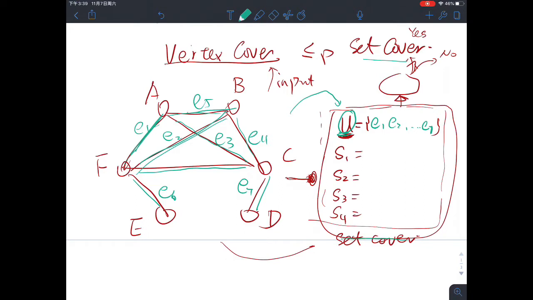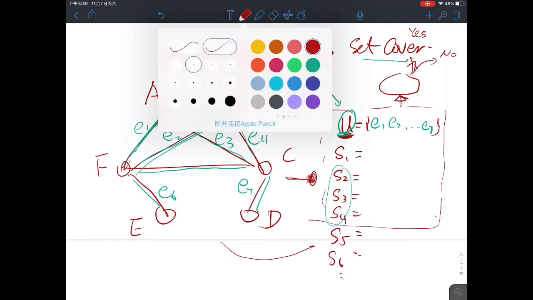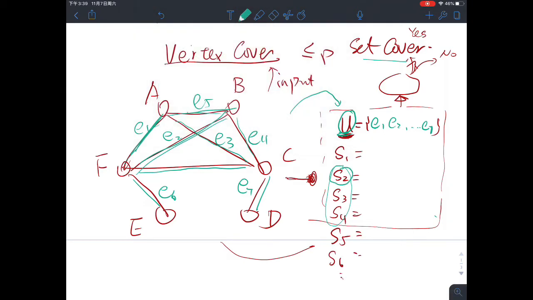Another observation is that set cover asks you to choose a collection of subsets from the input, right? So the set cover problem says that after we specify all the possible sets, we then need to determine a subset of the input so that it covers the whole universe.